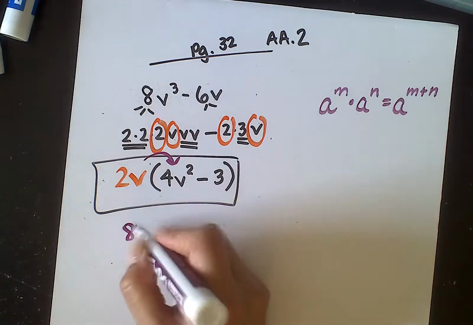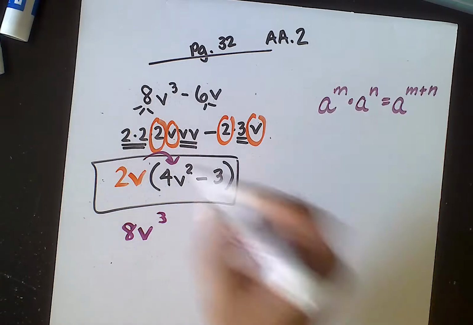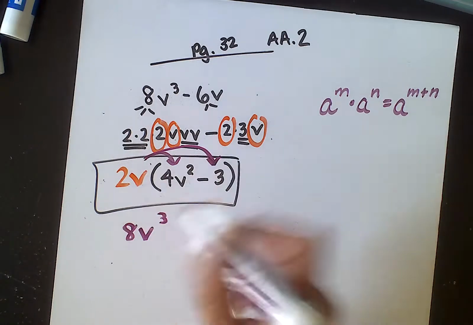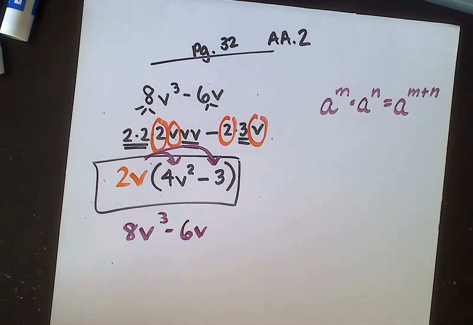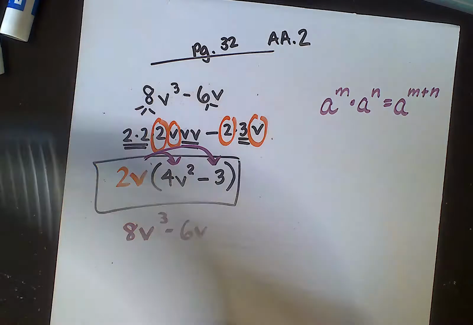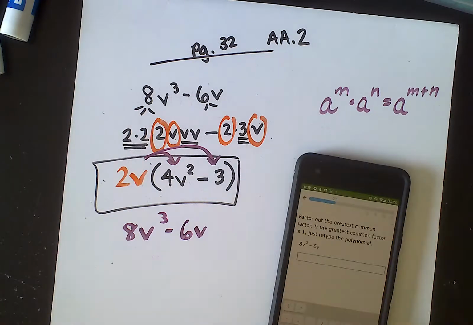That would be 8v cubed minus 6v, which was my original problem. So let's type in our answer here. My factored form is 2v times 4v squared, exiting out of the exponent, minus 3.